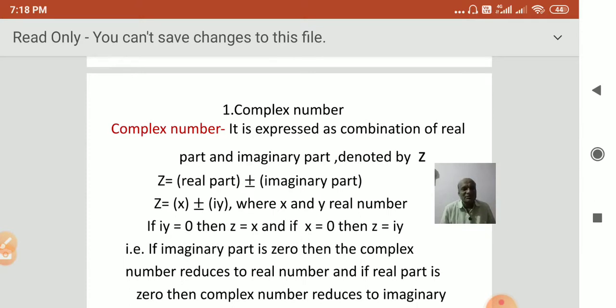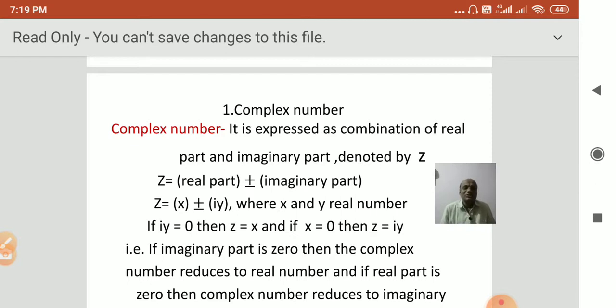Now a complex number may be of the form where the imaginary part is 0. In such a case, Z equal to X because iY equal to 0. Or there may be a possibility that X equal to 0, meaning the real part is 0, then the complex number Z will be iY.